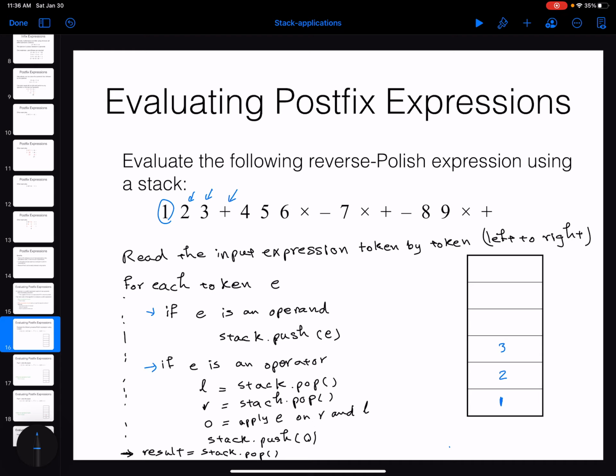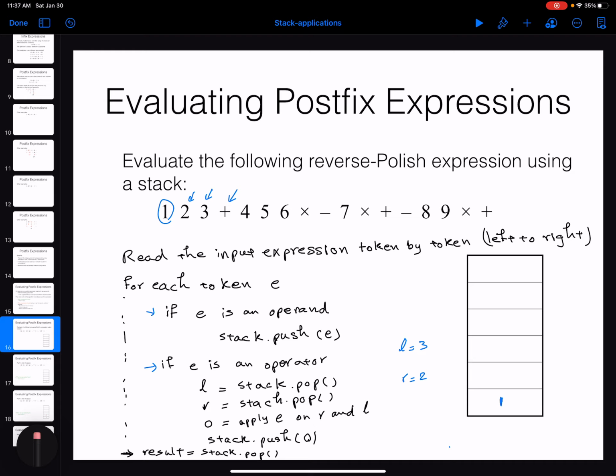So what this if condition tells me, if E is an operator, you pop and the result is going to be L. So L will be 3. You pop it. You call another pop and the result is going to be R, and it's been removed from the stack. Okay.